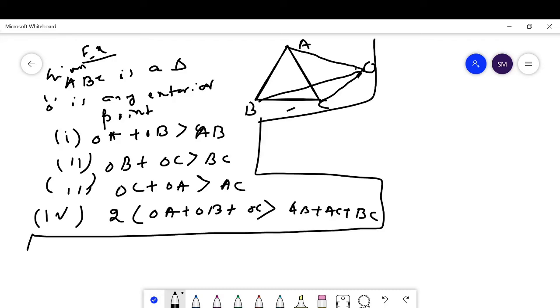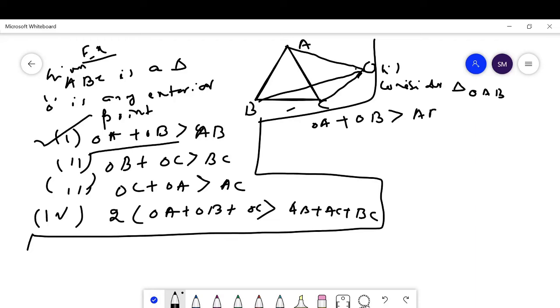First condition, OA plus OB is greater than AB. Consider the triangle OAB. By using the triangle inequality property, OA plus OB is greater than AB.